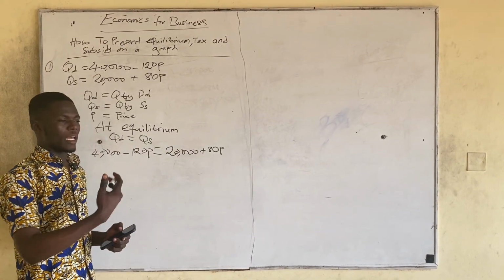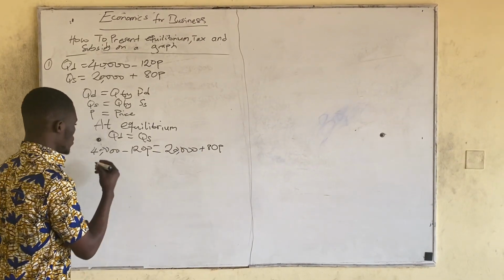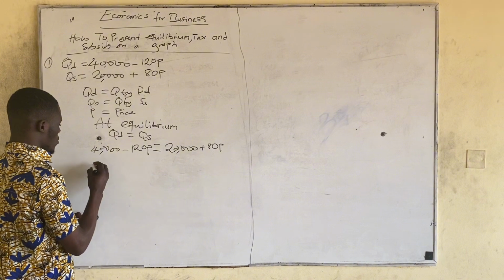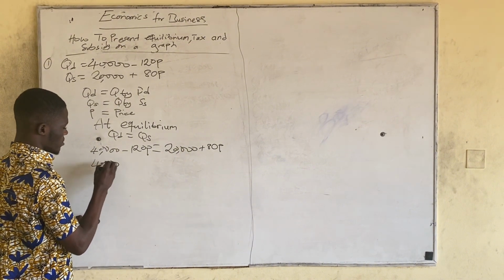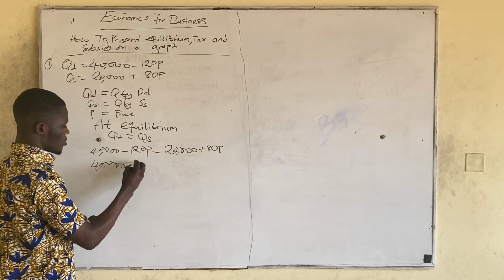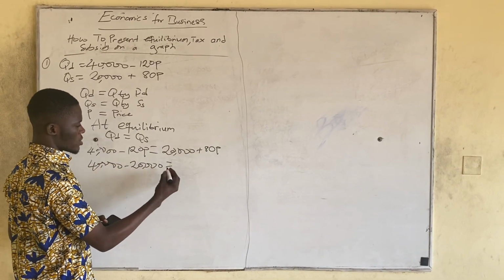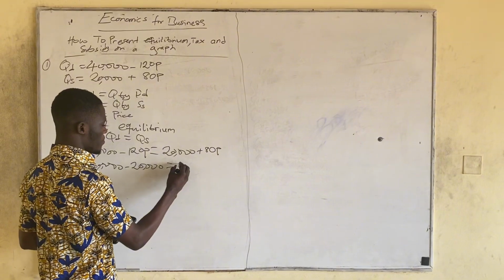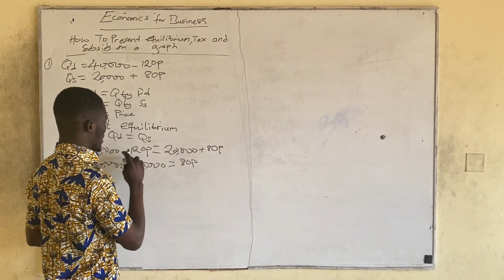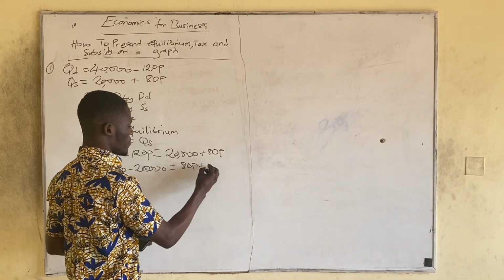We have to solve with basic maths. So here we group like terms. We have 40,000 minus 20,000, which will be 20,000, equals 80p, then minus 120p will cross, making it positive.